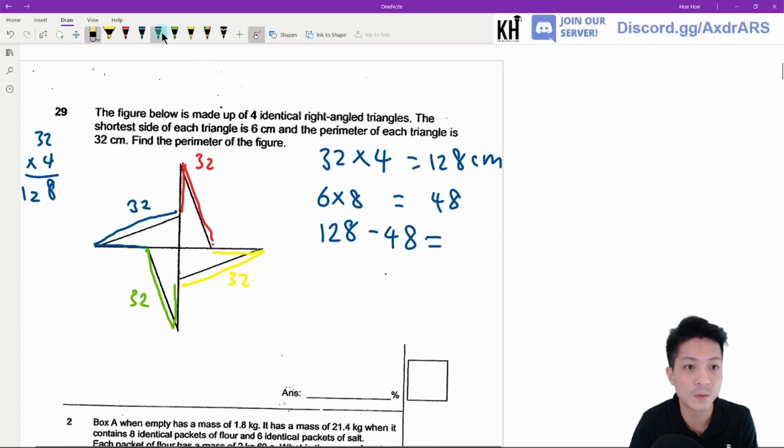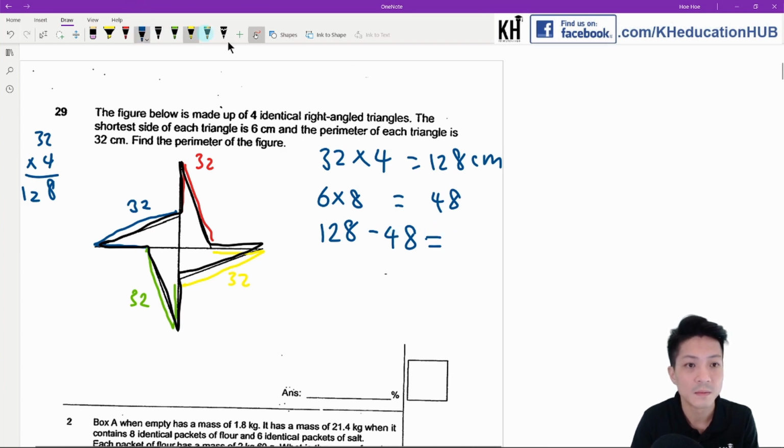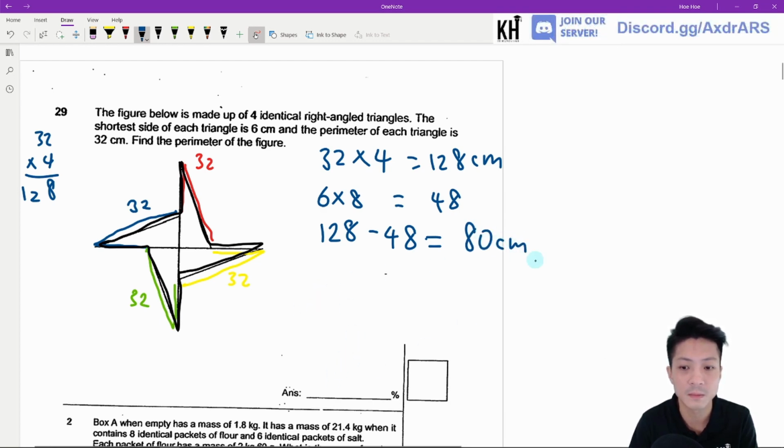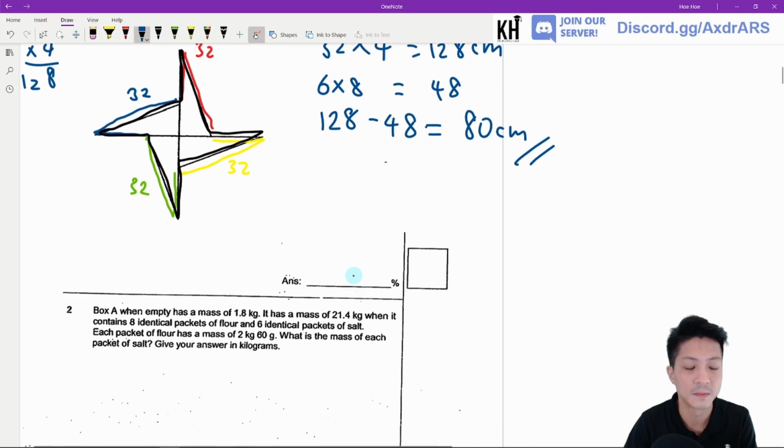When you erase away the middle lines, you're going to get the perimeter, which is the outline that's going to be like this. So 128 minus 48 will give you 80 cm. Okay, so 80 cm is the answer.